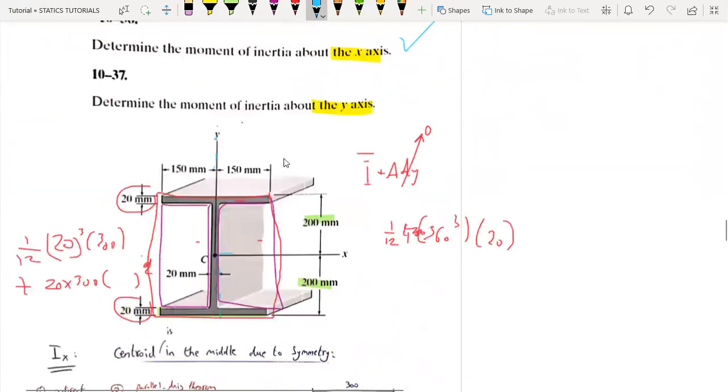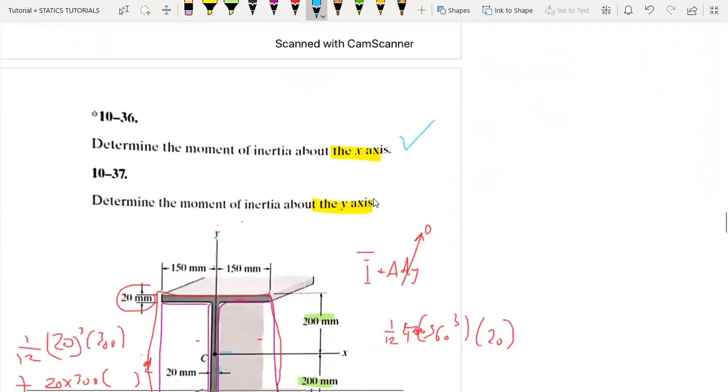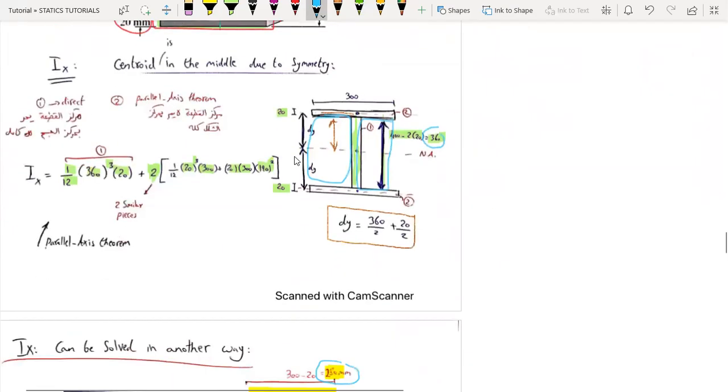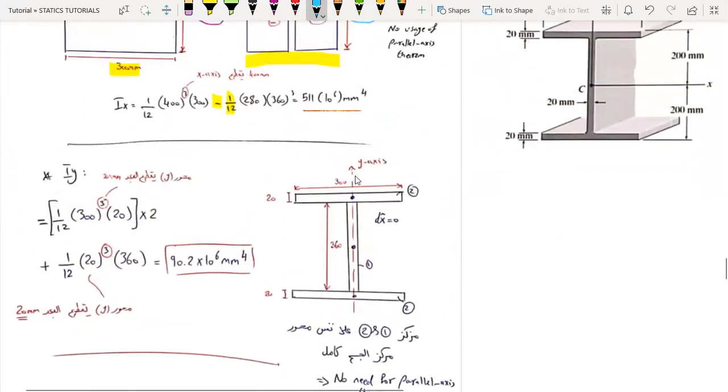Now the second part is to determine the MoI about the y-axis. Regarding the first segment, it is on the centroid. Here the centroid, x and y, and for the whole shape, it's also here.